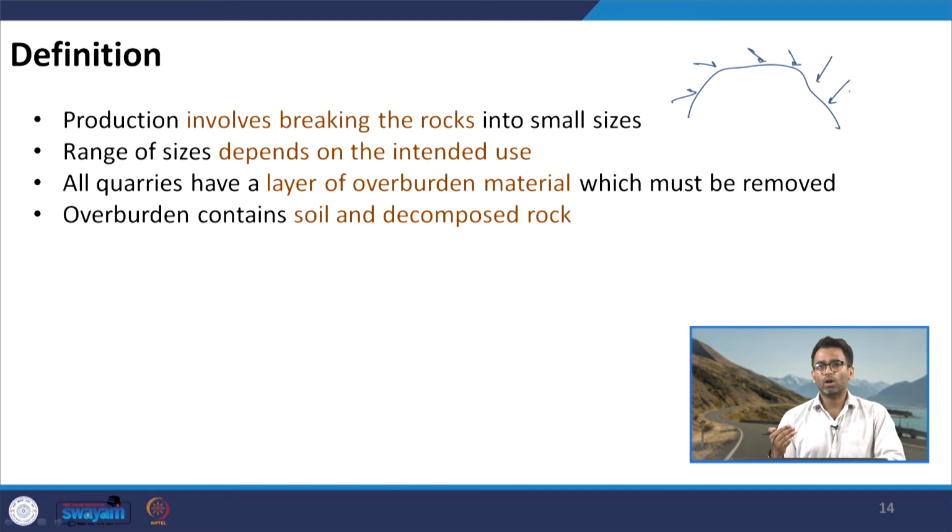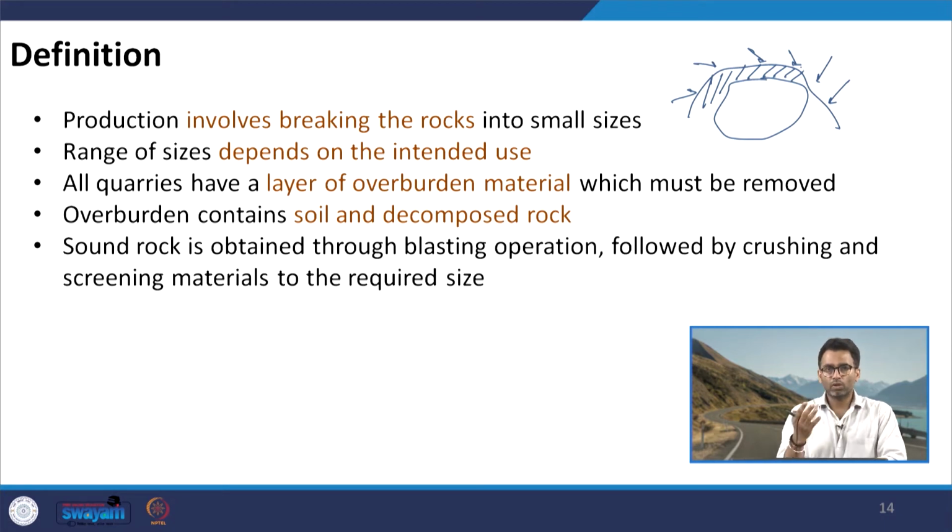So, the top surface to some depth is weaker in nature and may contain soil and decomposed rock. If I want to reach the core material which is stronger in nature, I have to first remove the weaker top surface. The sound rock is obtained through blasting operation.